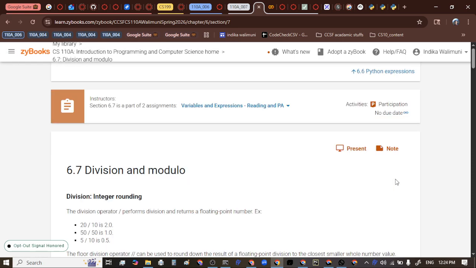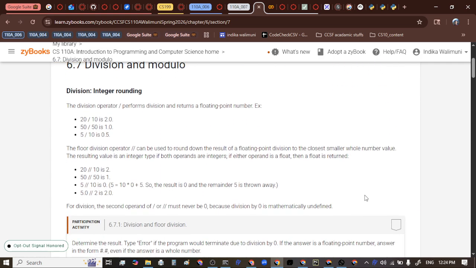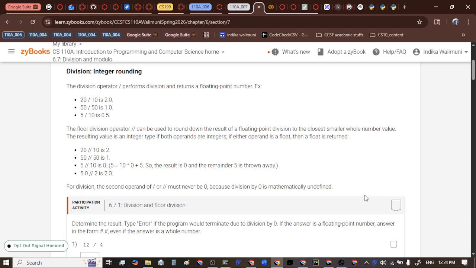All right, so we're going to start with division and modulo. The division operator, we know what it does, right? It actually results in a floating point number, even though we use integers.